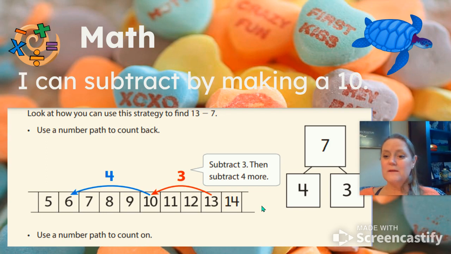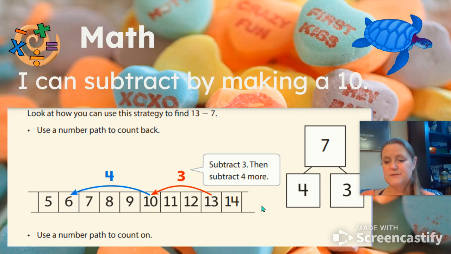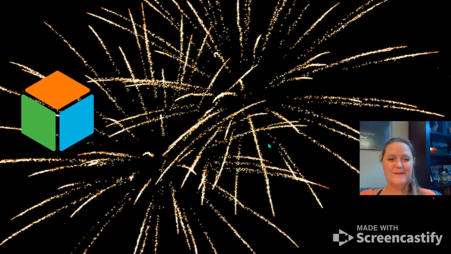At this point in the year in first grade, we're trying to get away from just counting on or counting backwards on our fingers. We're trying to use more strategies like making 10 and doubles and neighbors. So that's what we're doing.